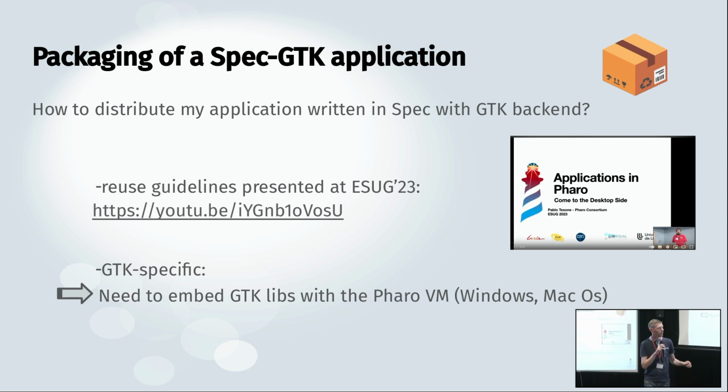Pablo already presented last year at ESUG how to package an application, so there is the link if you want to remember. What is specific to GTK is that you just need to ship GTK libraries with the FLauncher, and everything should be packaged into your applications. So it's not a big deal, just a few files in addition.